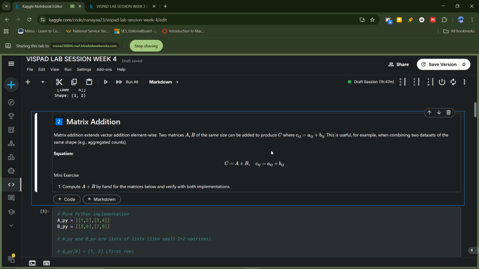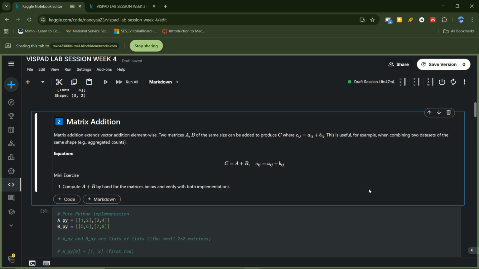We are saying that for you to be able to compute C at row 1 and column 1, you will have to get A at row 1 column 1 plus B at row 1 column 1. You have to grab both of them to be able to do that calculation. That is what we mean by element wise addition. Okay, that is it for this.